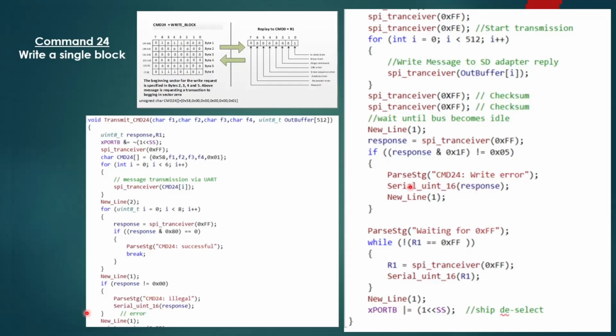And now, if this is not true, then the next thing we do is wait for the bus to be idle. So we go in this while loop, and we'll do it as long as the output from the SDHC is not FF.